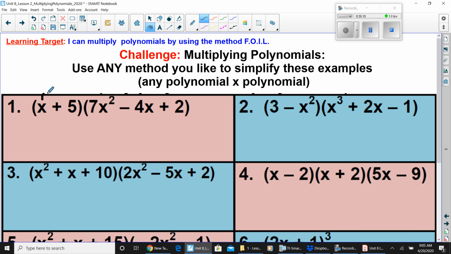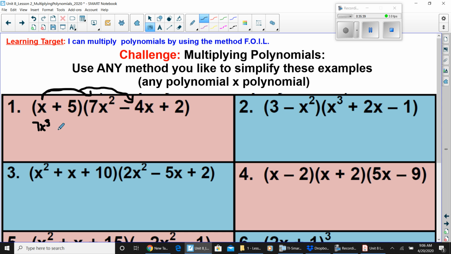Just remember, if you take this x, right, you have to multiply this x. You have to distribute this x to this 7x to the second. And when you do that, you get 7x to the third, right? Then you have to take this x and distribute it to this negative 4, right?